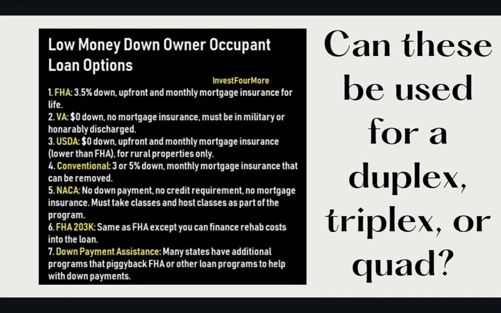I say for the most part because I have to check on the USDA loan, but as long as it's in the rural area, I associate that with farmland, then you're good to go. But all of these can be used for small multi-unit. So if you want a 2 unit, a 3 unit, or 4 unit, you can use all these loans. These are the same loans that people use for their regular home purchases for a 1 unit, single family property.